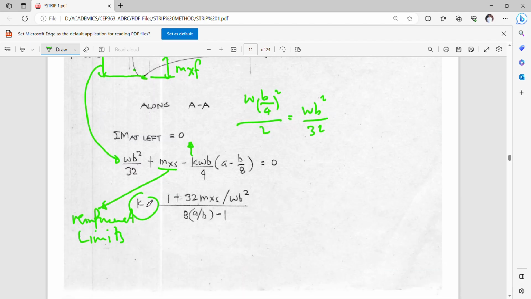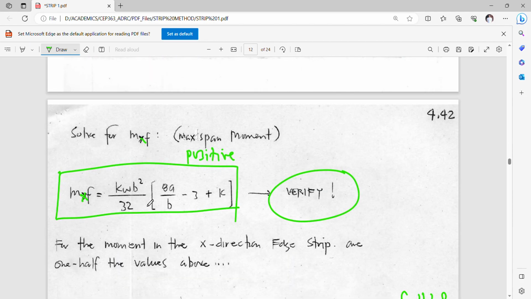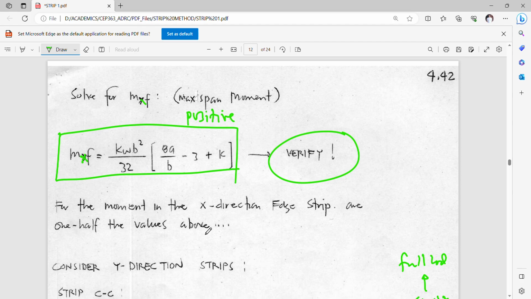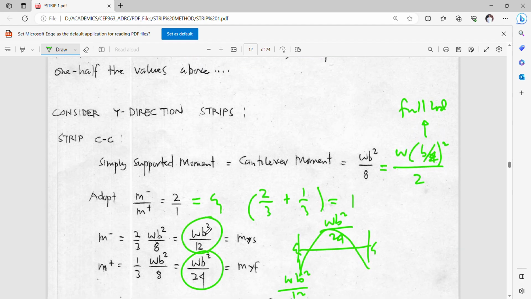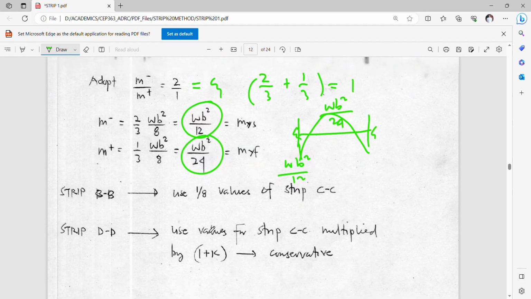Okay, so B over 4 is simply 1 over 8. So we're talking here of B over 2 converted to a B over 4.